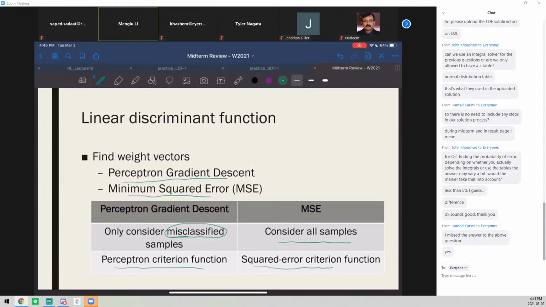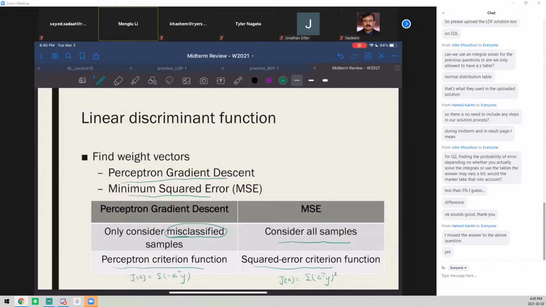So each method uses a different error function to update the weight vector.